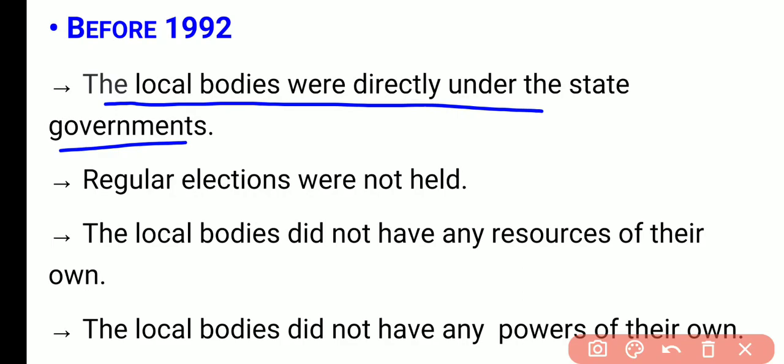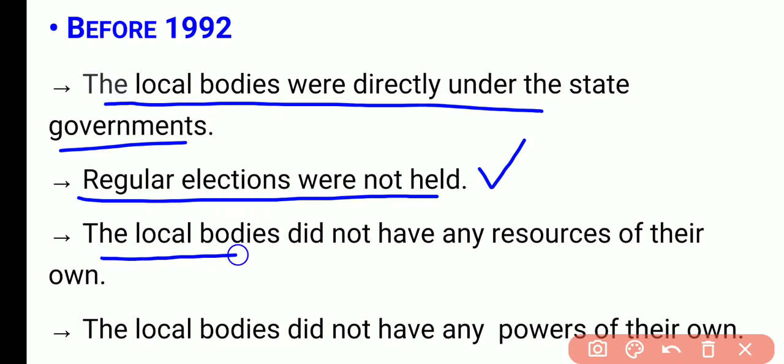Second, regular elections were not held. Sometimes the elections were held after 10 years, 7 years, 15 years or 20 years, and that varied from state to state. So one system was not there and regular elections were not held. It means that the government was not taking the third tier of government so seriously.